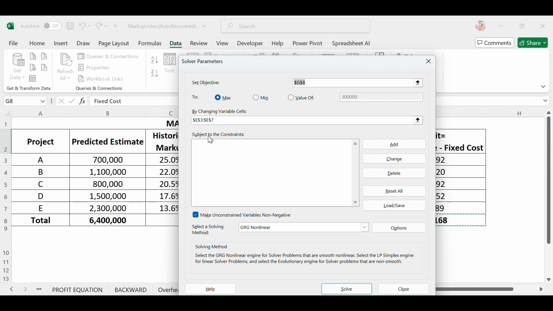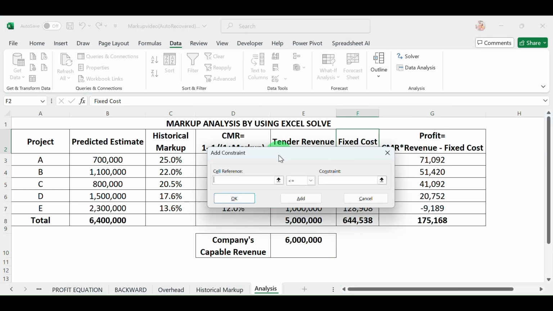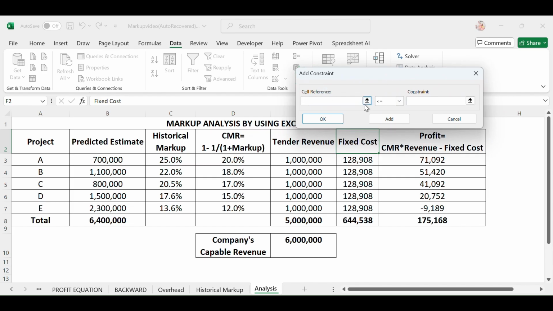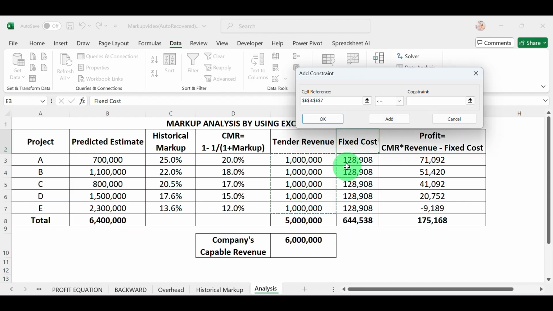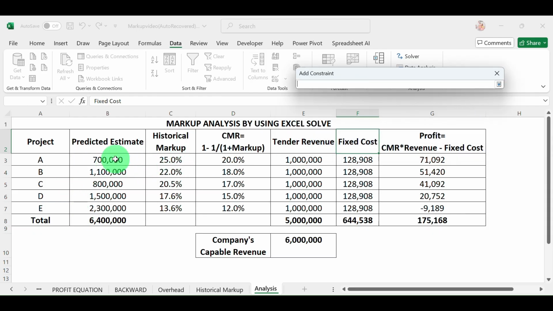To add a subject to constraint, we will click Add, and Excel will show the constraint with cell reference. The cell reference is our tender revenue here. This is the variable, and our variable is less than or equal to the predicted tender estimate, because the clients only award the contract up to the maximum amount here.